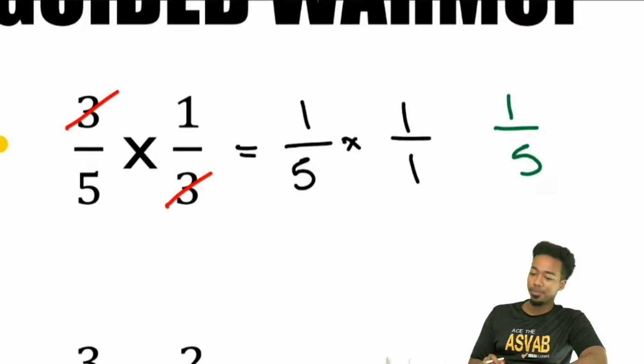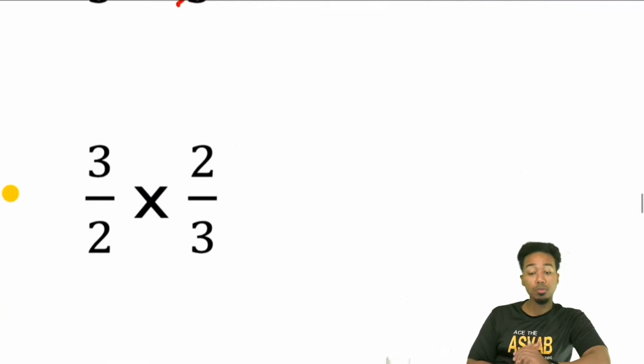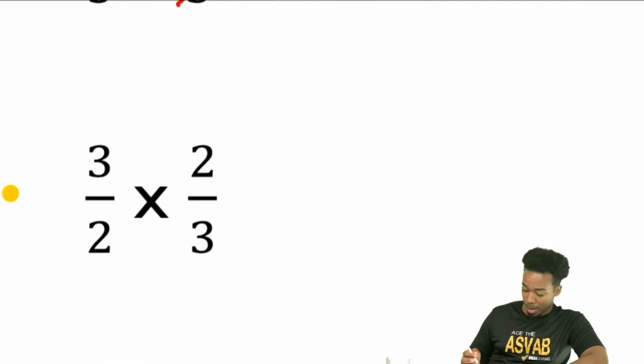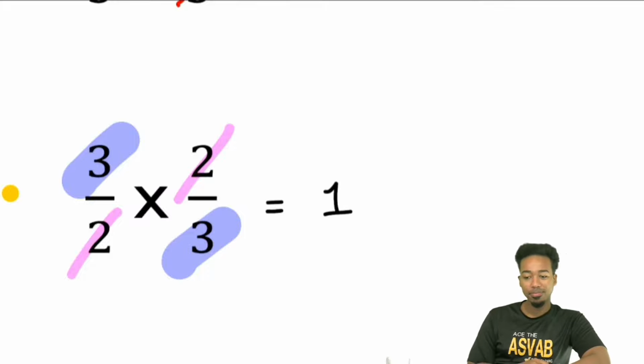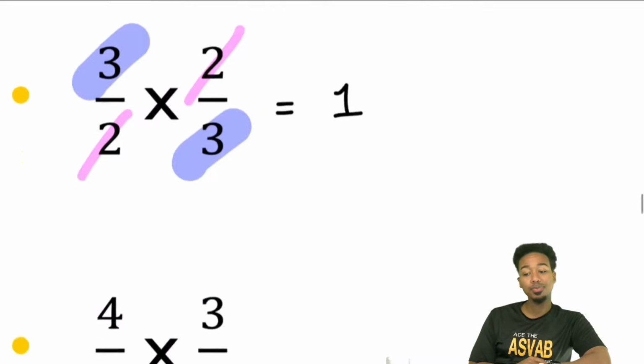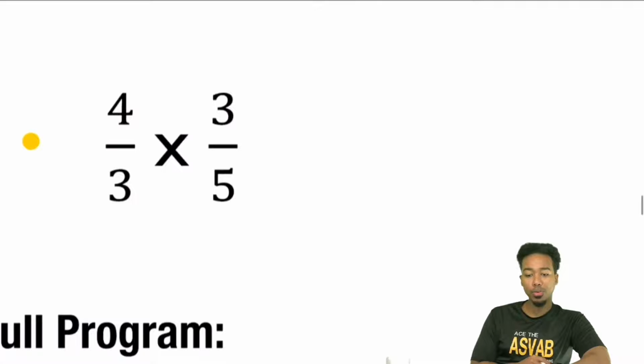But notice that you don't have to multiply to then come back down if you just start by simplifying to begin with. Next up, we have 3 over 2 times 2 over 3. This one you might be really thankful that you can take away the 2's. You can divide out the 3's. So that'll just end up becoming 1 over 1 times 1 over 1, which is just going to be 1. Anything divided by itself is 1. And if we look at the last one, 4 over 3 times 3 over 5, this will be a quick one as well.